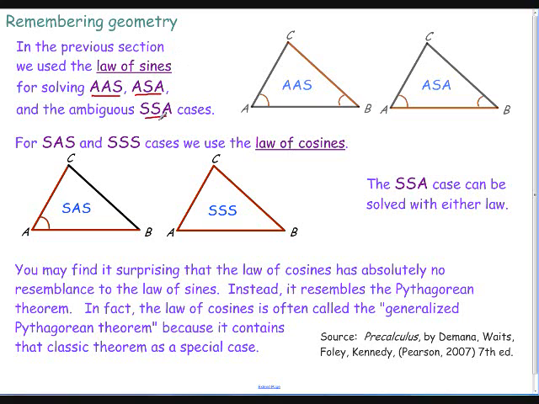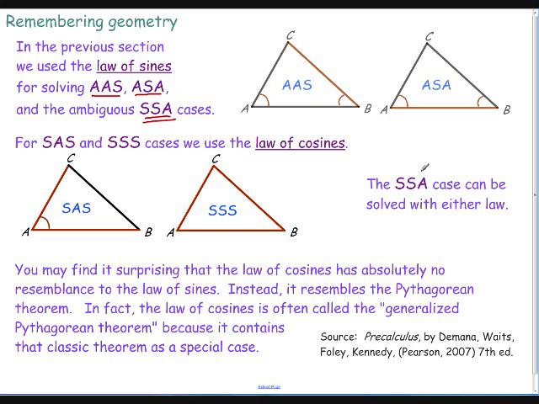We've worked a lot with having 2 sides and an angle which is not included. Now we're going to look at when we've got side, angle, side, and side, side, side. So here's our side, an included angle. Both of these sides are adjacent to the angle. Then we have the situation where we've got all 3 sides without a single angle.